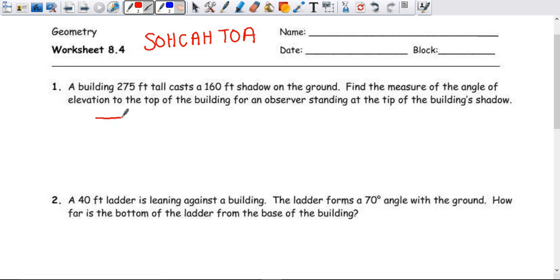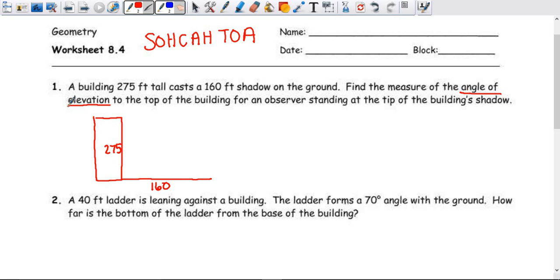So I would first say we've got this building, and it is 275 feet tall. And then it casts a 160-foot shadow. So shadows are always along the ground. Okay, so there's your 160-foot shadow. And whenever we see this word angle of elevation, this is one of those keywords that we're going to hear today.